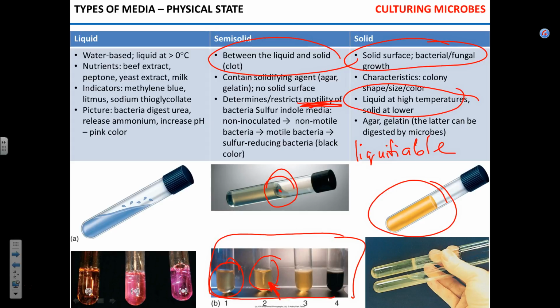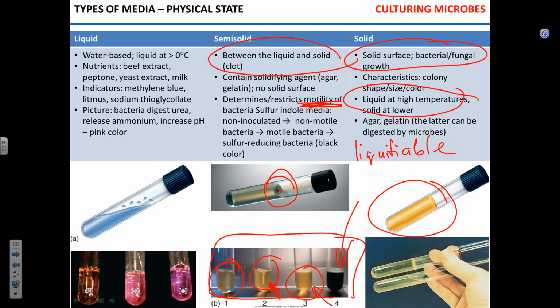Okay? Now if it can move, it can swim, usually if it has flagella, it spreads all across the medium. And you can see that the medium is turbid. Turbid means cloudy, right? All across the medium. That makes sense? Well, this is kind of the cherry on top of the cake. So you can add something.